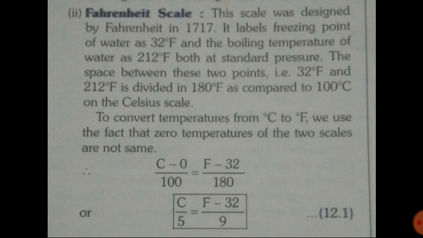Then the next scale is the Fahrenheit scale. This scale was designed by Fahrenheit and it labels the freezing point of water as 32 degree Fahrenheit. In the Celsius scale the freezing point was 0 degree Celsius, but here the freezing point is 32 degree Fahrenheit.